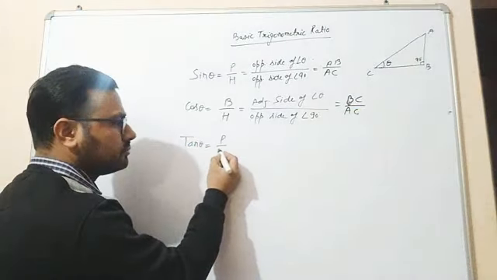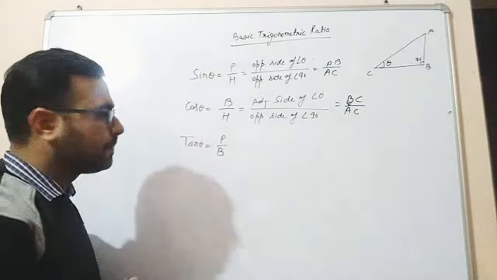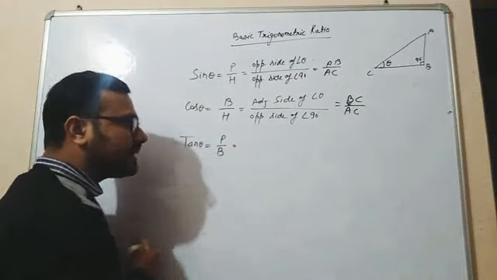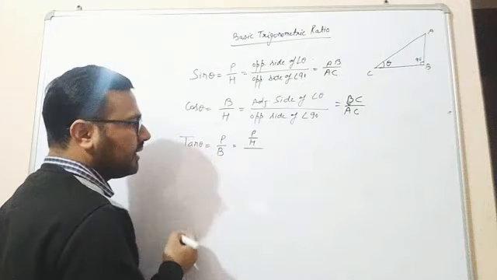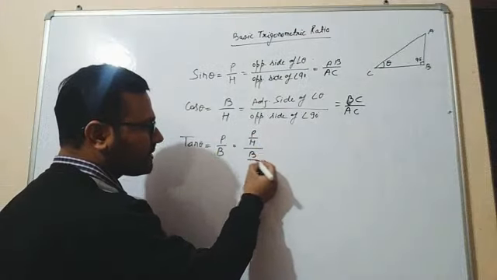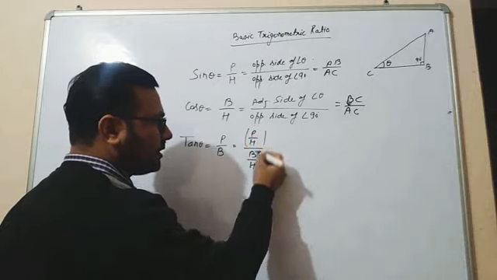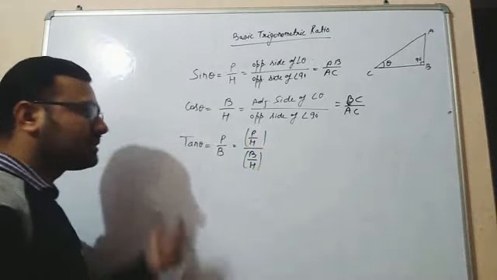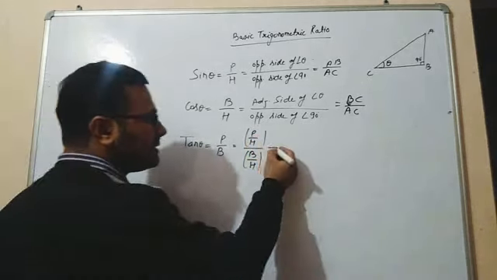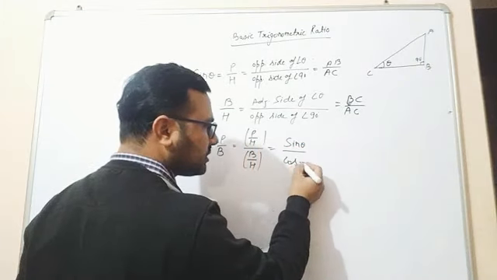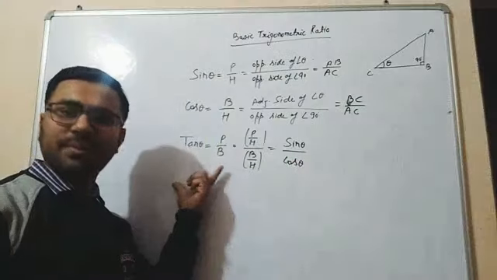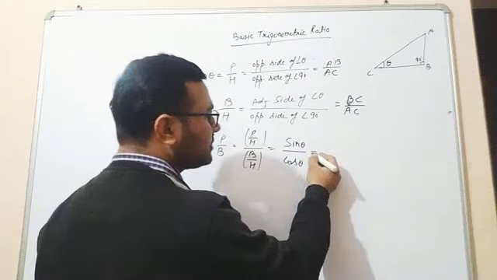Tan theta is perpendicular upon base. If we take sin theta as perpendicular upon hypotenuse and cos theta as base upon hypotenuse, then what do we find? Tan theta means sin theta upon cos theta. We can write it as perpendicular upon base. So sin theta is what?